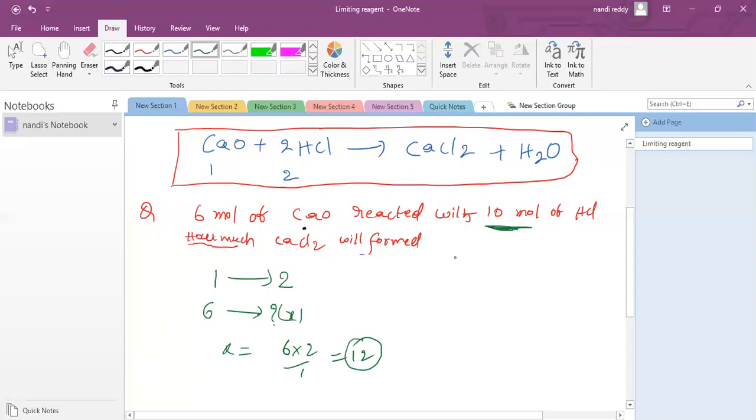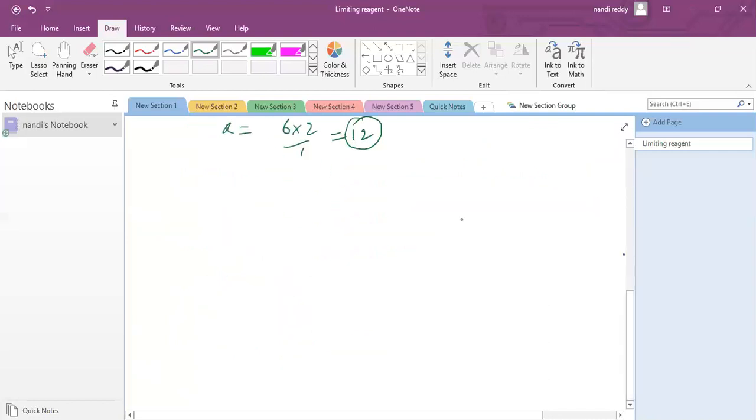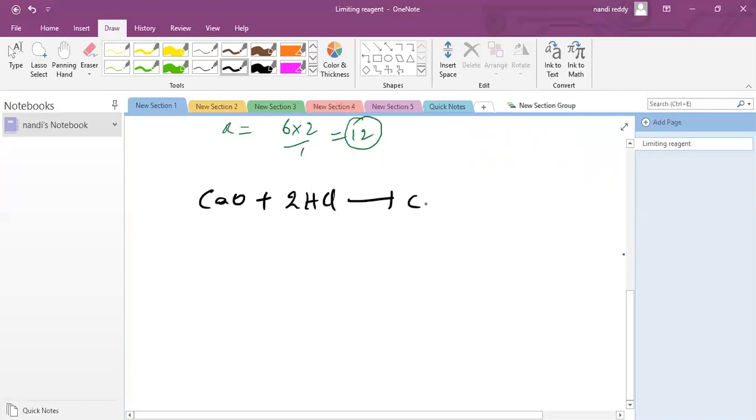So this we call the limiting reagent. Understood? Once we find the limiting reagent, next we have to proceed through the limiting reagent only. We don't take the excess reagent. See, I'm writing here again: CaO plus 2HCl gives rise to CaCl2 plus H2O. This is 1 mole, 2 moles, and 1 mole we are getting. In the question this is 6, this is 10.